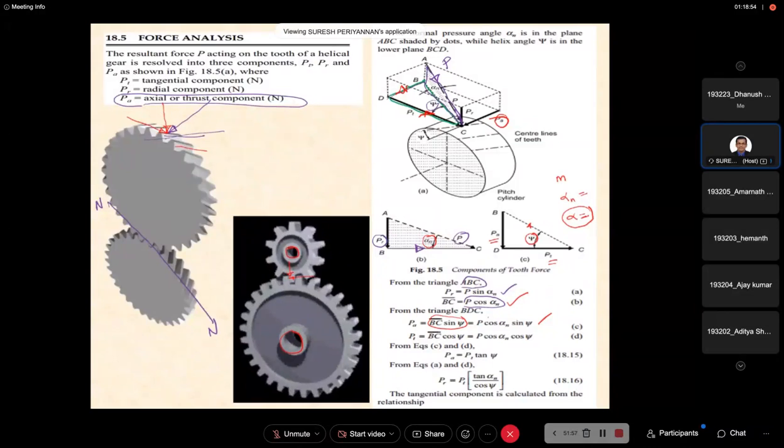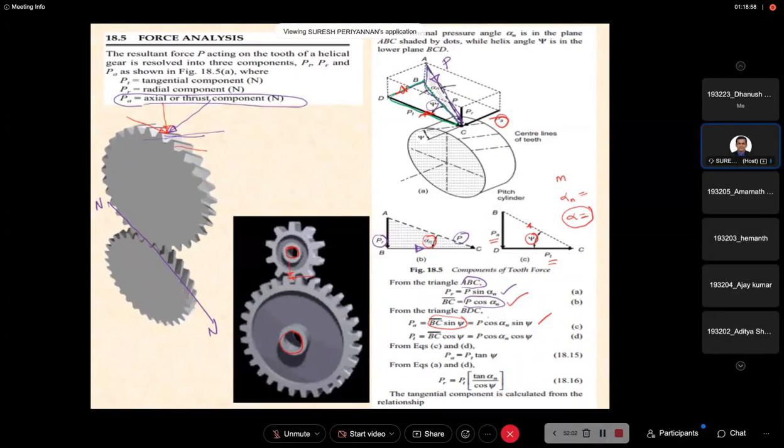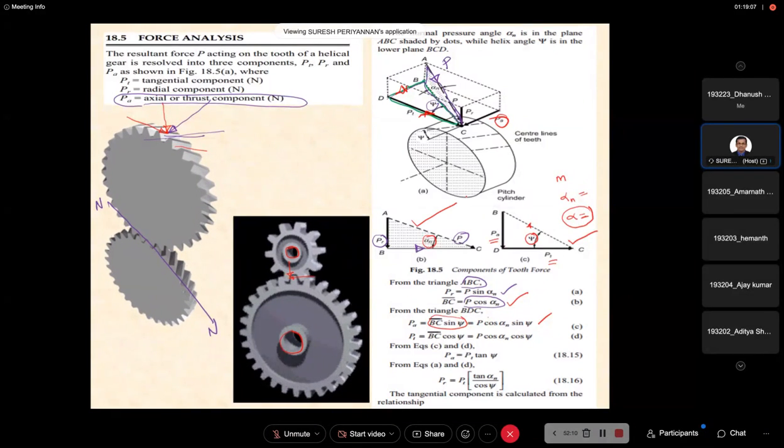These are the terminology; go through the terminology of the helical gear and you can get more information. This triangle is with respect to the helix angle of the gear, and this triangle with respect to the normal pressure angle of the gear tooth.